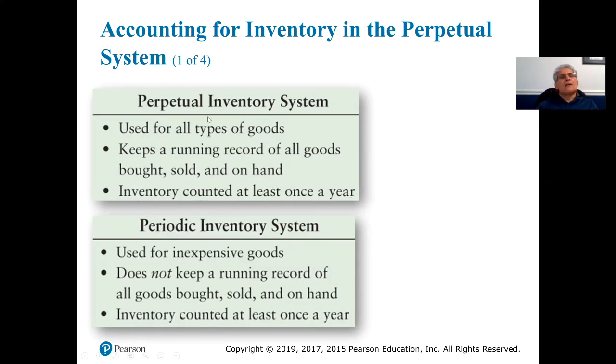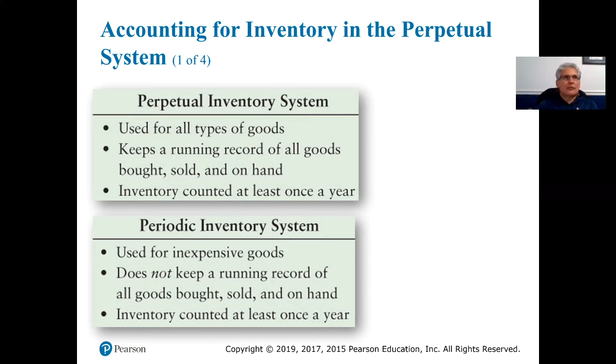Okay. When you think of perpetual inventory systems, I want you to think of technology, because in today's world, the only way that works is if you're using technology. And when I say technology, I'm thinking about barcode systems. When the product arrives in the back of the retail store, they have scanners that scan the product in, updating the inventory system immediately. That's perpetual.